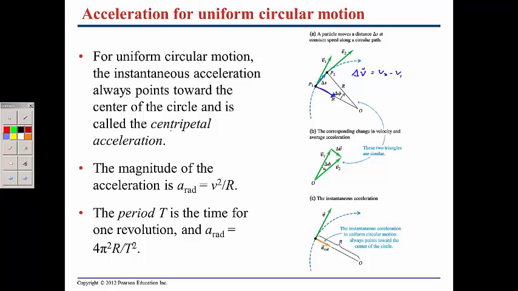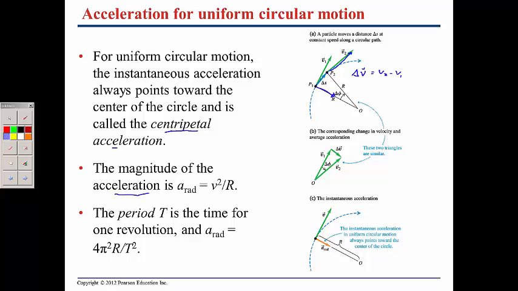This is called centripetal acceleration when we're talking about uniform circular motion, not centrifugal. Centrifugal is a fictitious force that we'll talk about later, but it's centripetal, and what that is doing is accelerating the object towards the center of the circle, causing the velocity to change not in magnitude but in direction only.